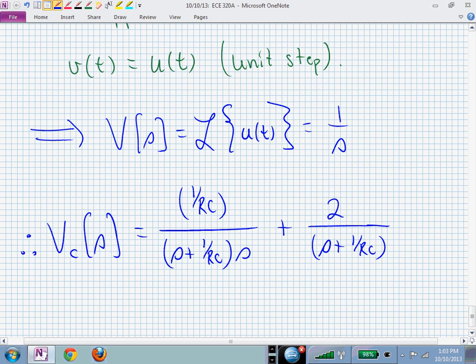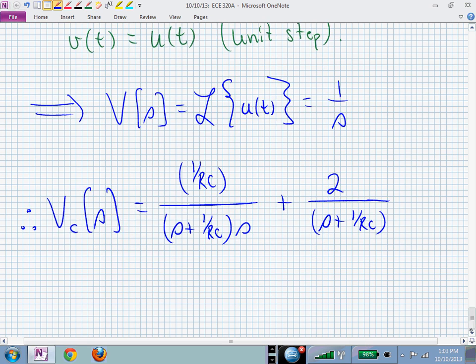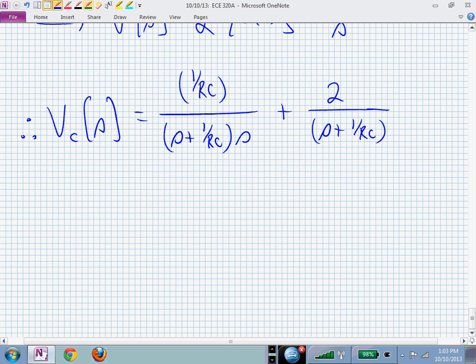If we now want to solve this or put this into the time domain, what was our strategy?